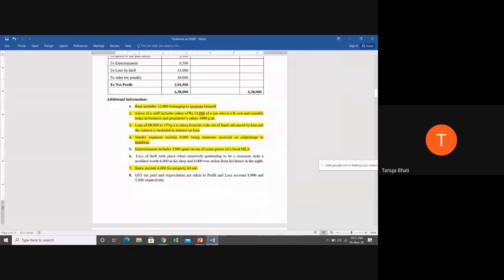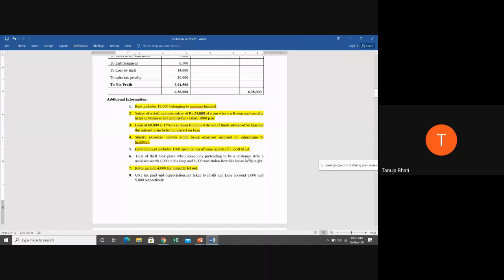Yes, the loss by theft took place when somebody pretending to be a customer stole a necklace worth rupees 6,000 in a shop. So out of this 14,000, a 6,000 rupees necklace was stolen by a customer in his business premises, and 8,000 was stolen from his house in the night.